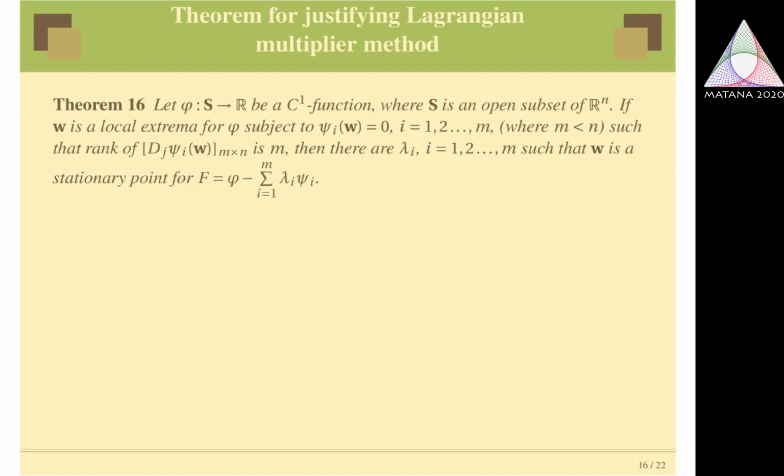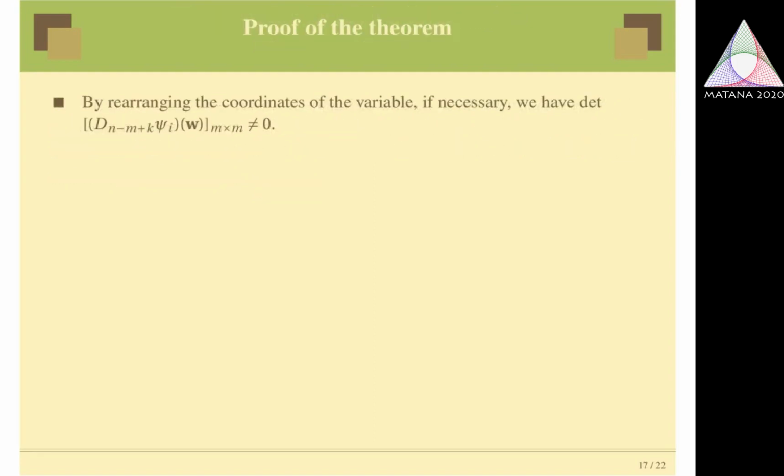We keep these columns at the right end by rearranging if necessary. We assume that the columns j_k are given by n minus m plus k, where k varies from 1 to m, so that we get the determinant of D_{n-m+k} psi_i at W is not equal to 0.